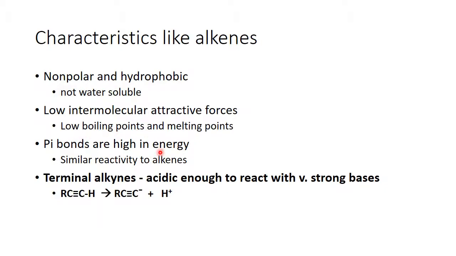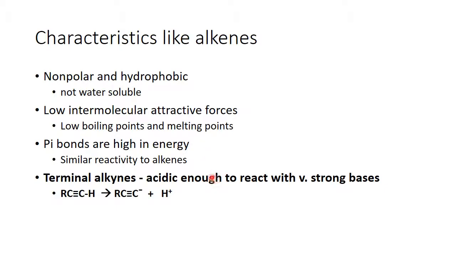The pi bonds are high in energy, just like the alkene pi bonds are high in energy, and as a result, pi bonds in the alkynes are reactive. We see the kind of reactions that alkenes do occurring also in the alkynes, and we'll go through those in another lecture.